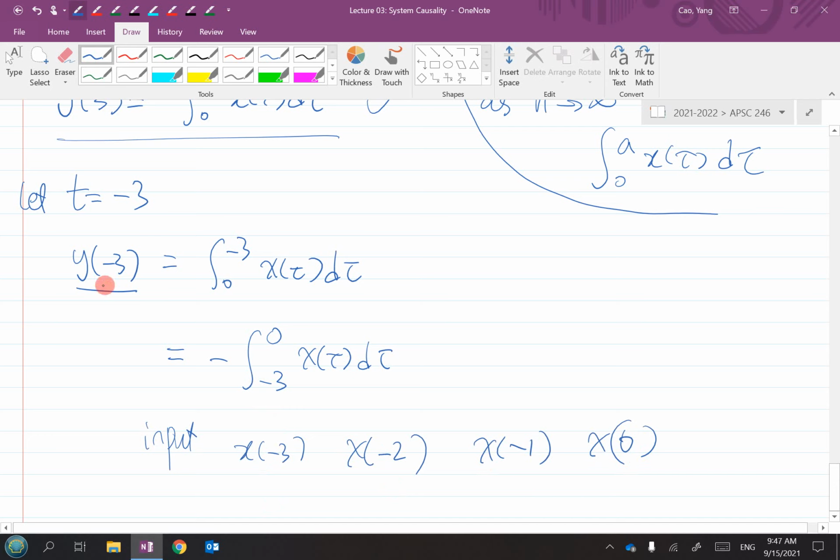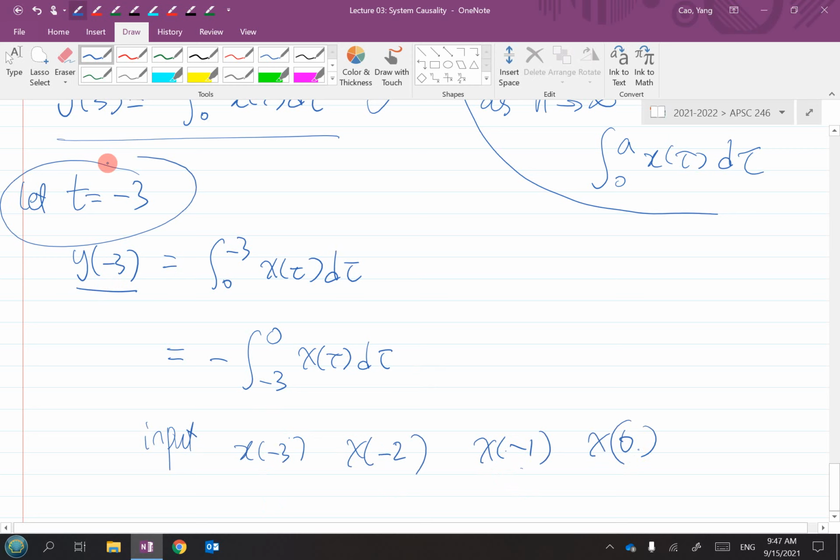But you can already tell your current output at t equal to -3 depends on this. -1 compared to the -3 time moment is the future. So for the current example I have already picked it here, and I demonstrated that at a certain point, the system actually depends on the future inputs.